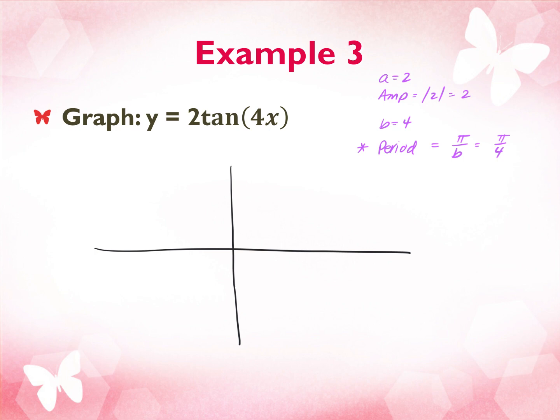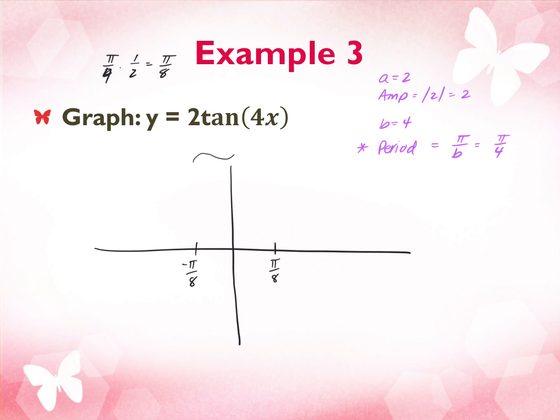So if my period is pi over 4, I want to know what half of pi over 4 is. I'm going to take half of it, and I see that that's pi over 8. That means that I'm going to go pi over 8 to the right, and pi over 8 to the left.